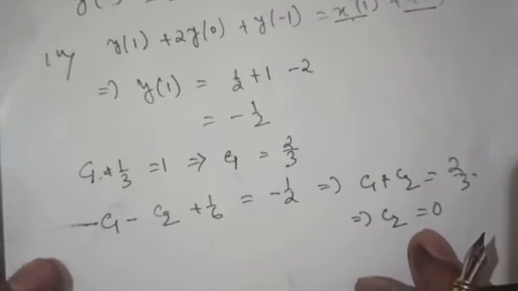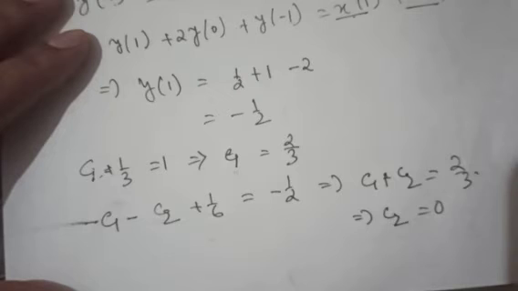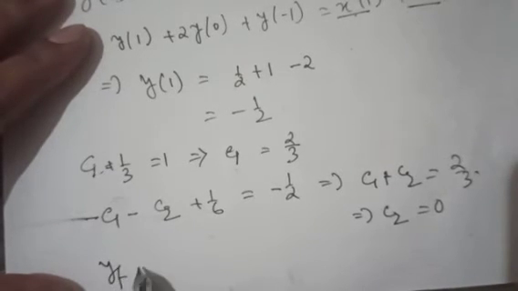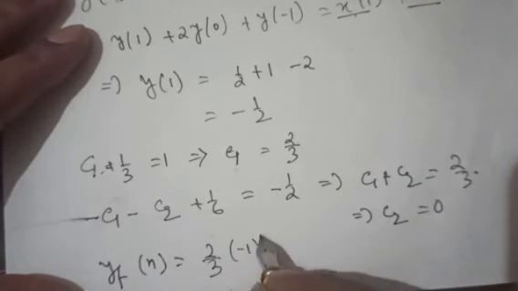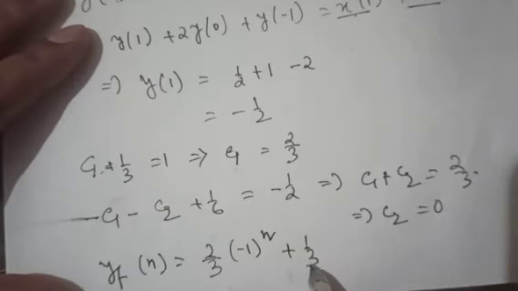Okay, then combining both, finally the force response will be 2 by 3, that is your C1, minus 1 to the power n plus 1 by 3 half to the power n.